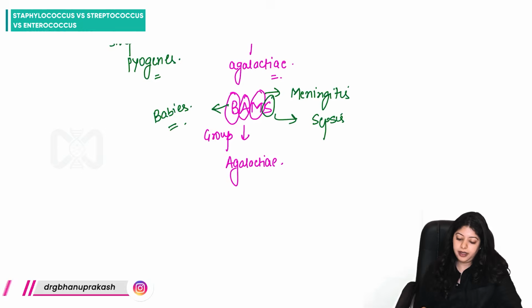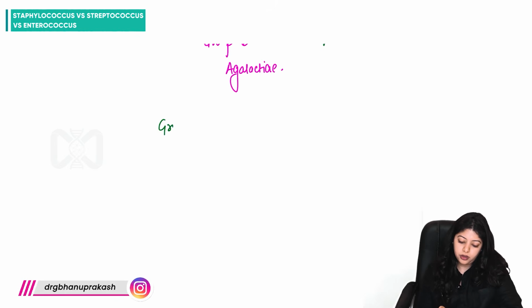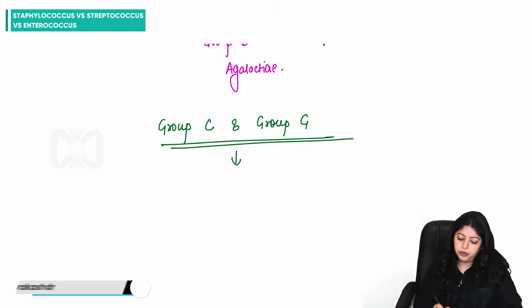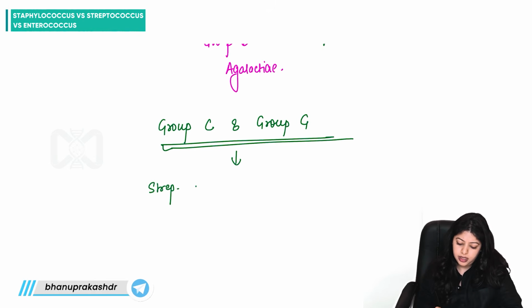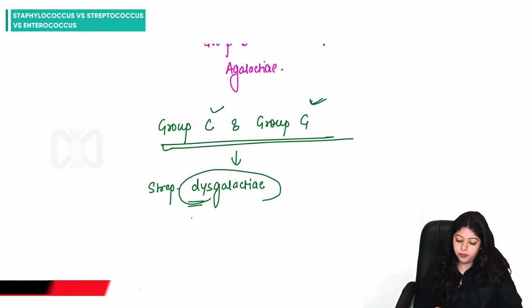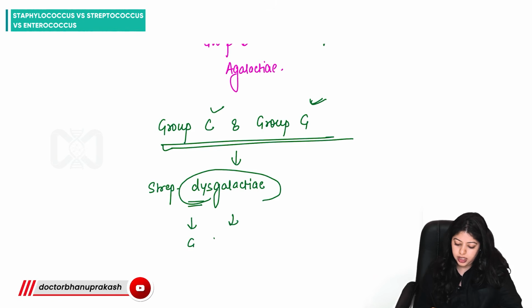And we have group C and group G, which both include Streptococcus dysgalactiae. Now, this dysgalactiae has both group C and group G antigens, G and C antigens.